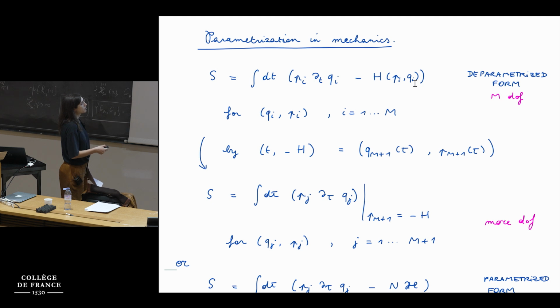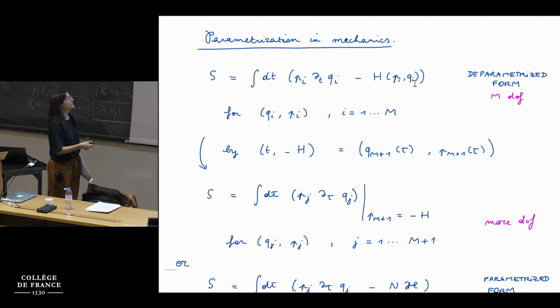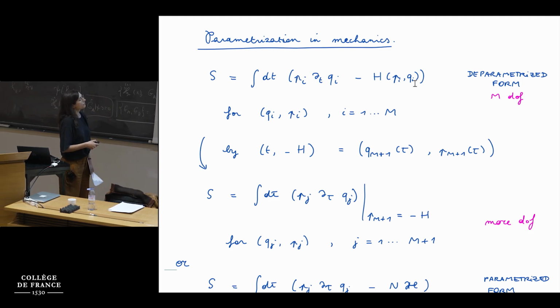So there are now m plus 1 canonical pairs, and I'm using the index j as opposed to i for j running over a larger range of values. So in this notation, there are more degrees of freedom because I'm running over more indices.